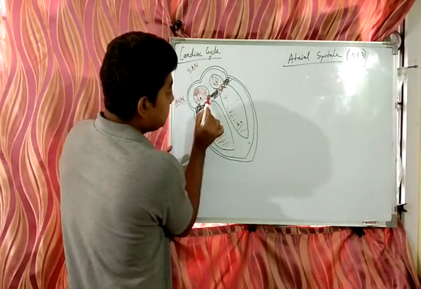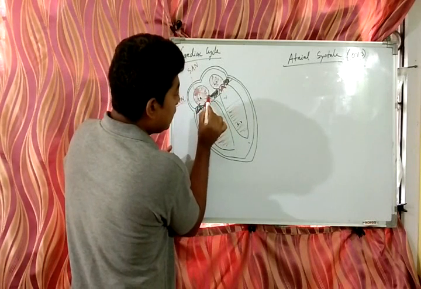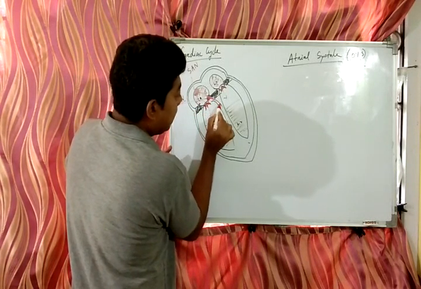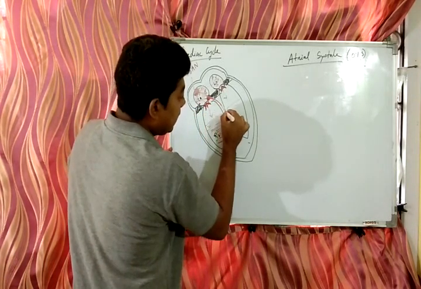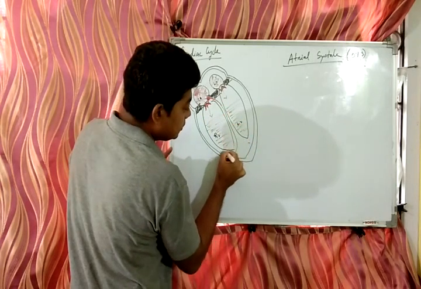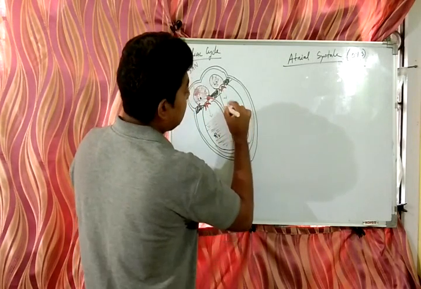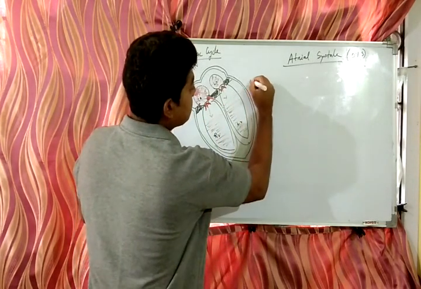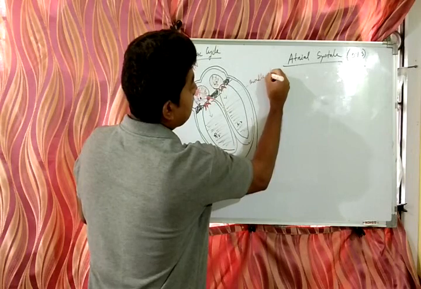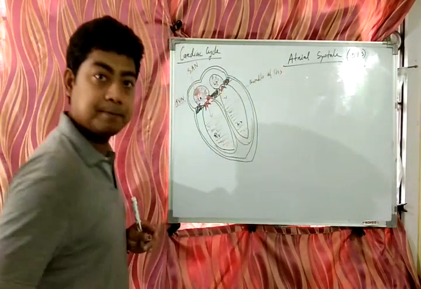Through this the bundle of His comes, and then it moves to the right side as well as the left side. These are called the bundle of His.